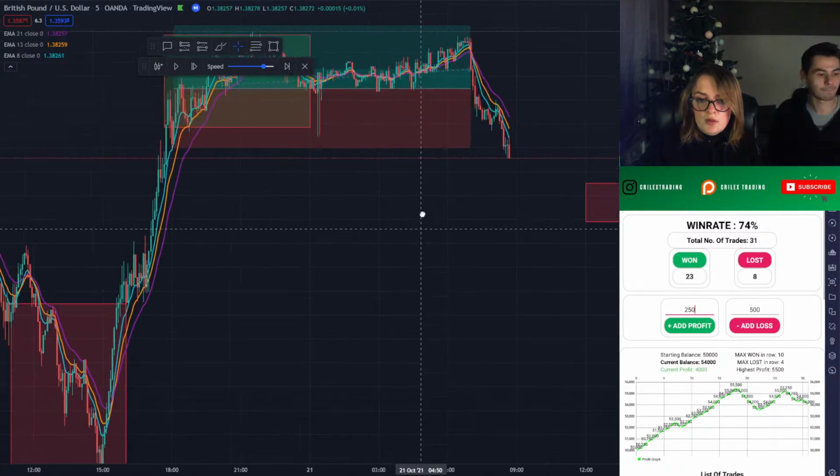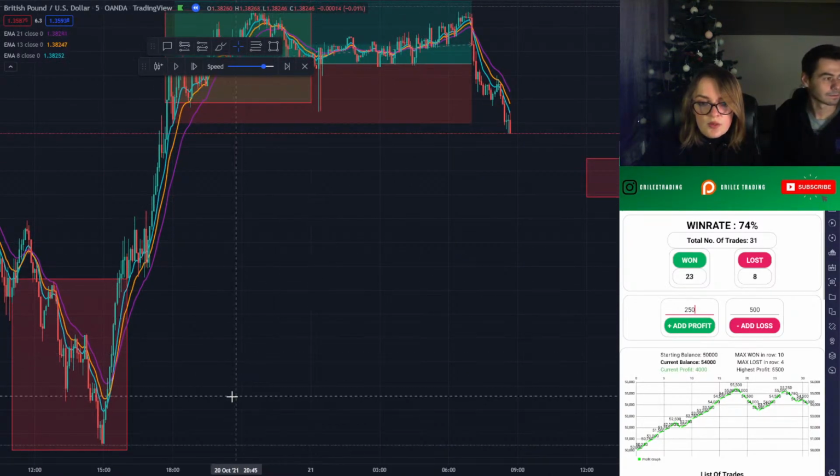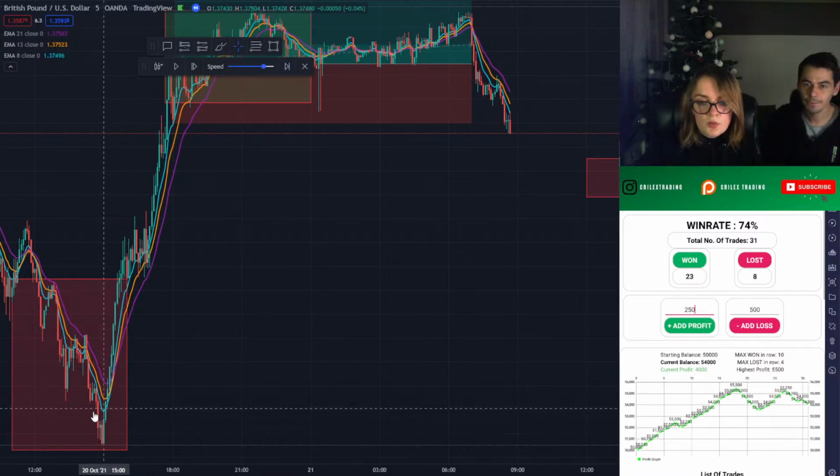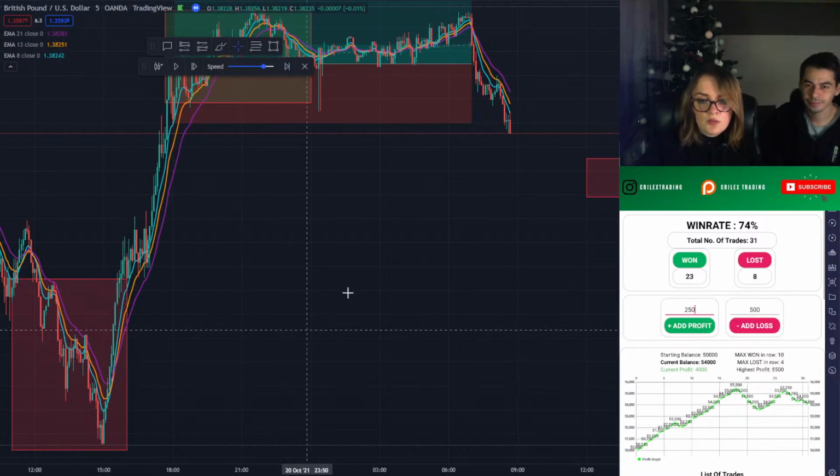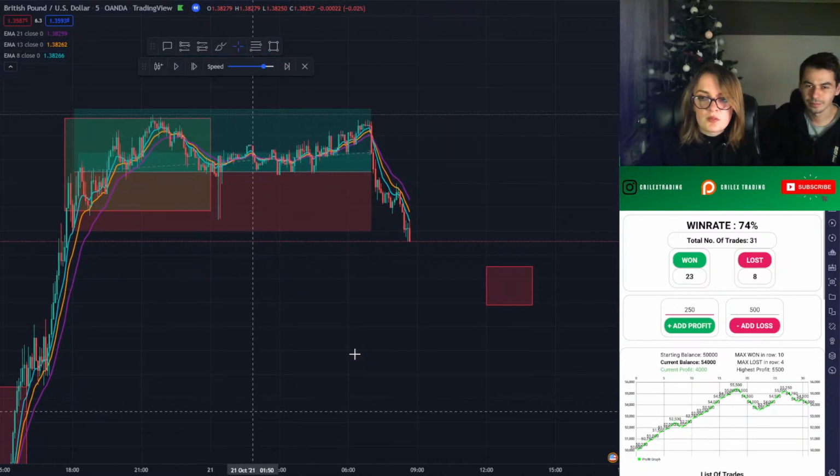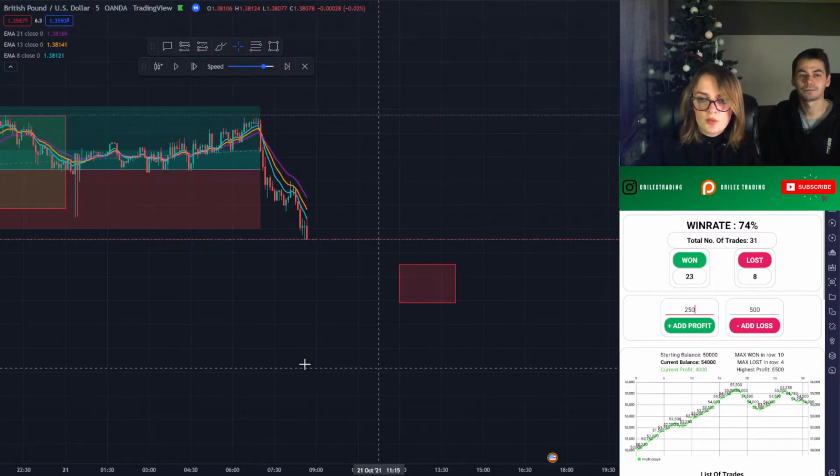Okay. Regarding the previous zone, in this zone we were not hit the entry point. That's why I didn't take that position.